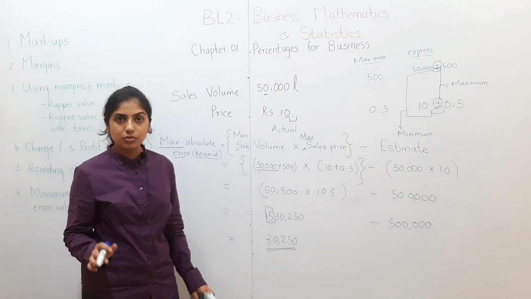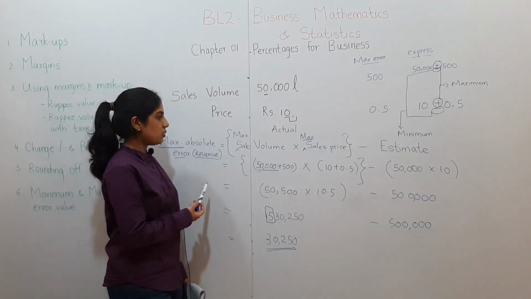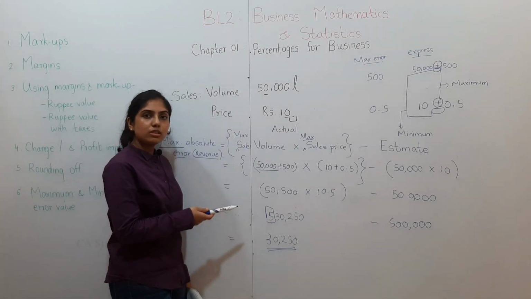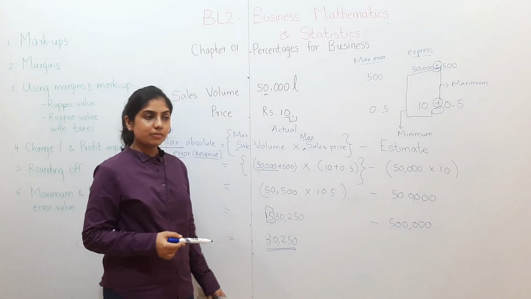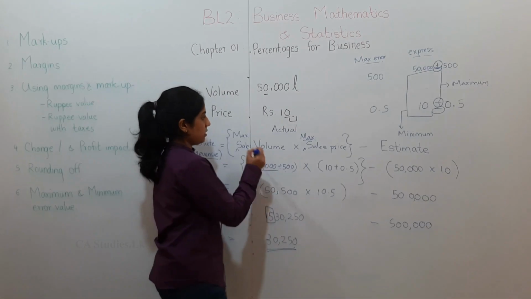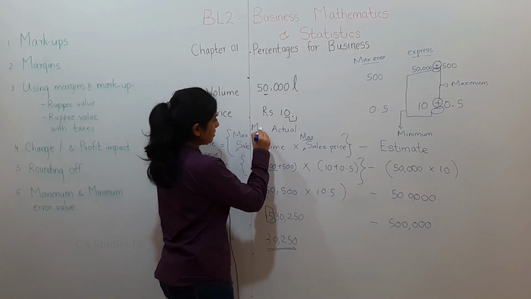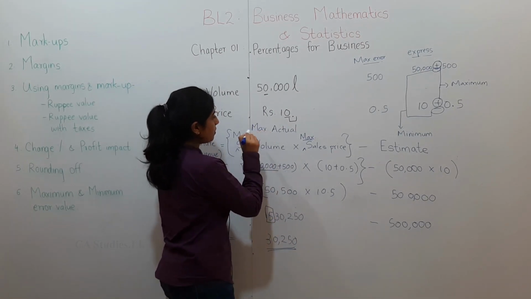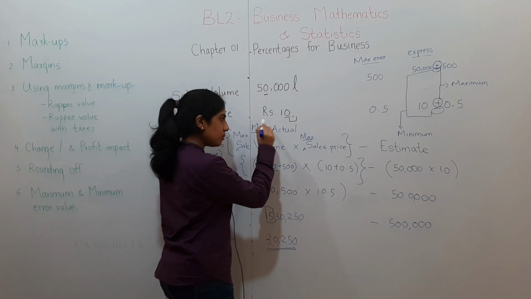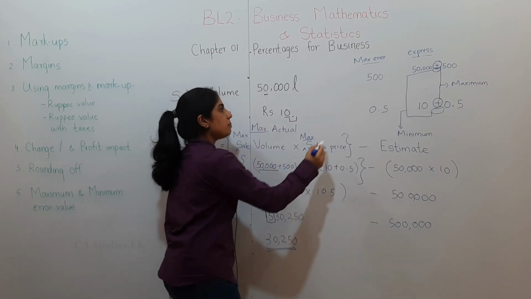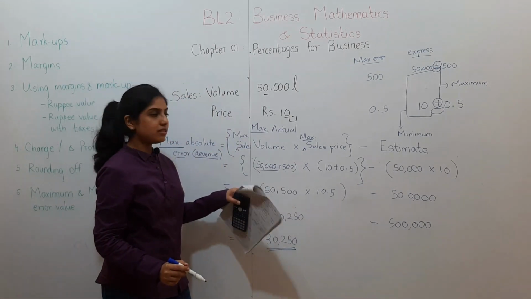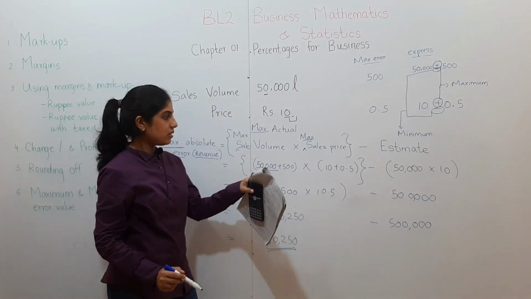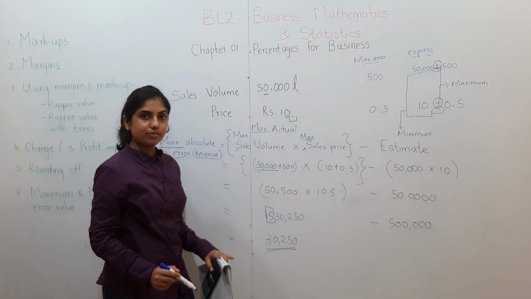Always remember to find maximum absolute error equals actual minus estimate. Actual is obtained. Now we need the maximum error, which means you have to take the maximum actual. Maximum actual, how to take? The plus sign only you must use: 50,000 plus 500, 10 plus 0.5.